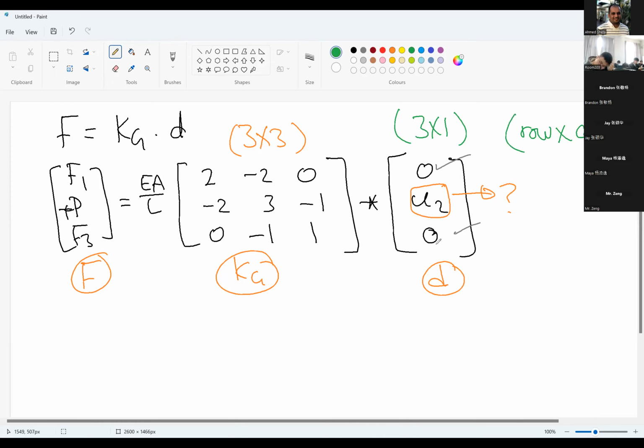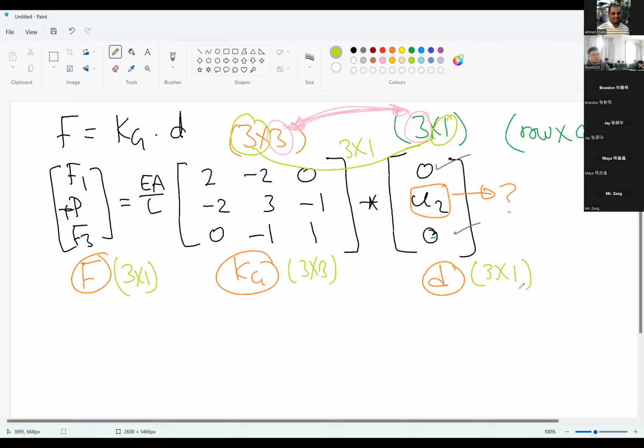So we have 3 rows and 3 columns here, and 3 rows and 1 column here. To multiply them, we need to make sure these numbers are the same: 3 and 3. So now we can multiply them together, and the product will be 3 by 1.